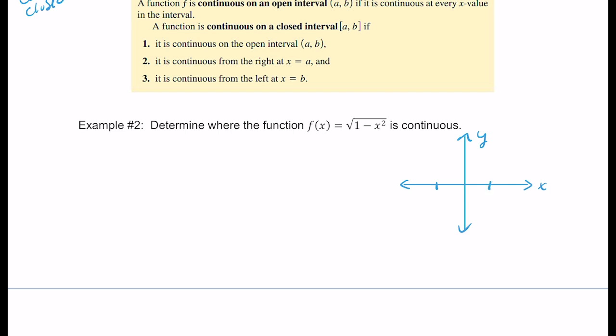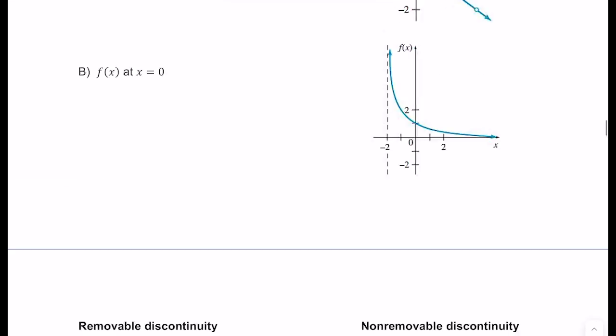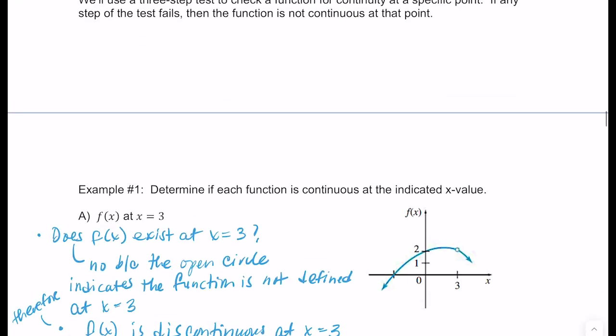Here's +1. We can see here that it is continuous from -1 to 1, and I know that because I know what continuous means.